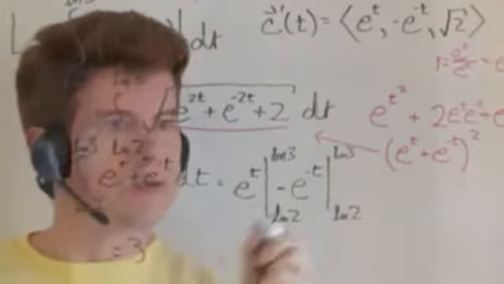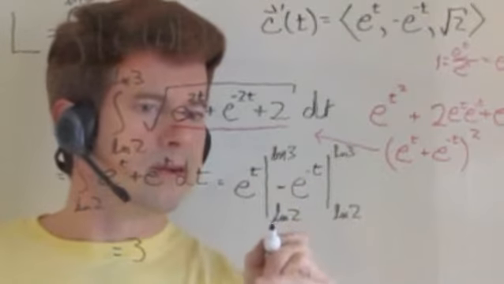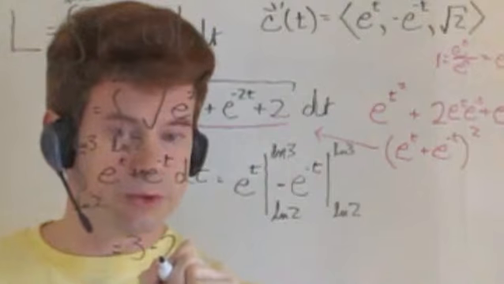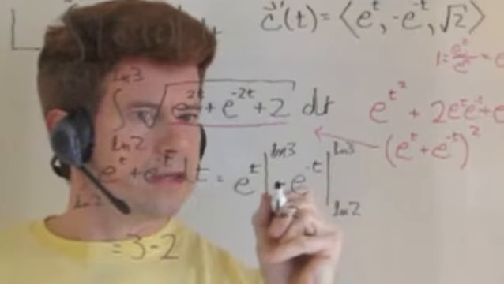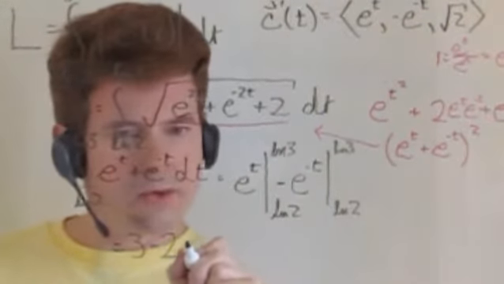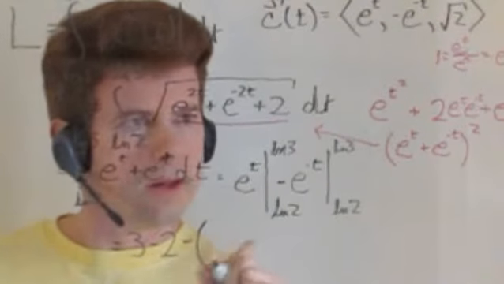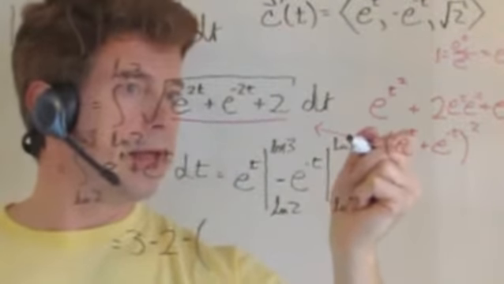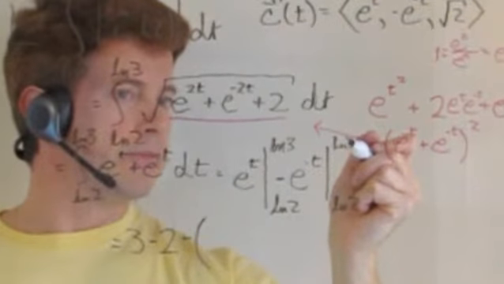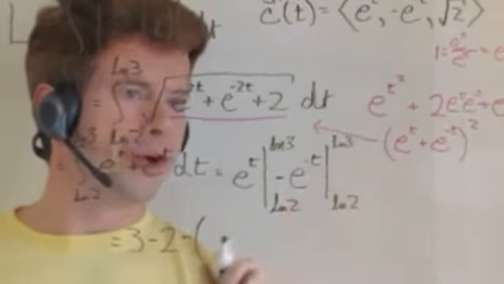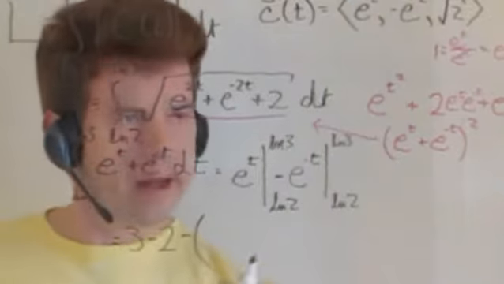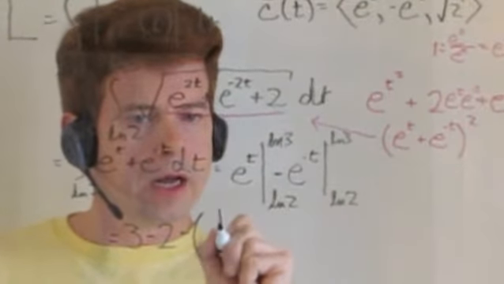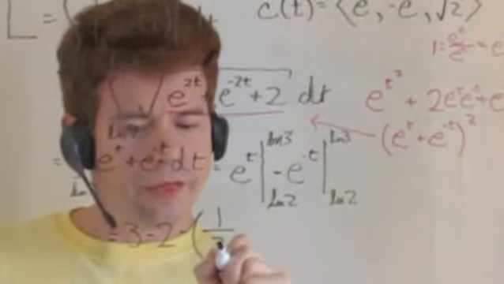then minus e to the ln2, which is simply minus 2. So now we're going to subtract out this half. e to the negative ln3 becomes 1/3, since taking the negative of ln3 puts it in the denominator, 1/3.